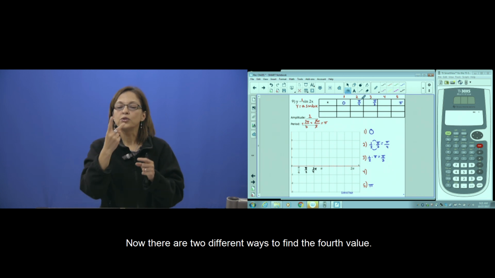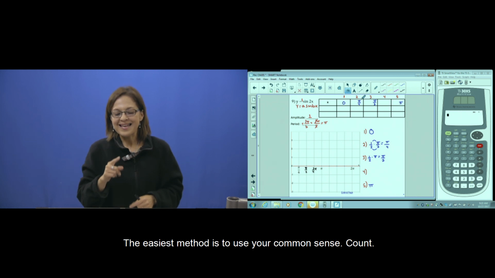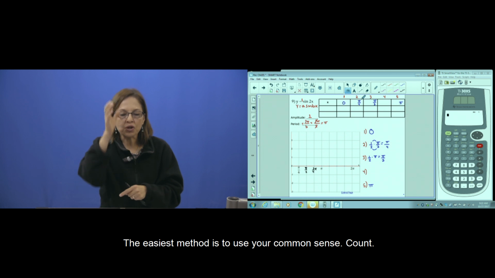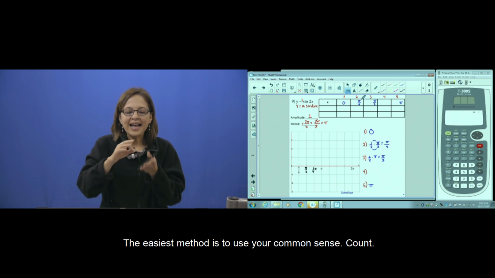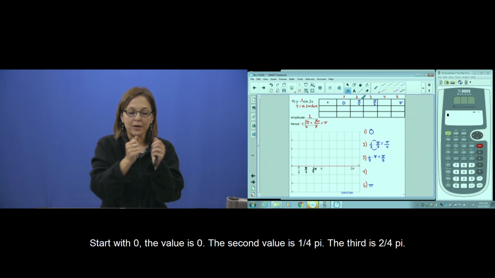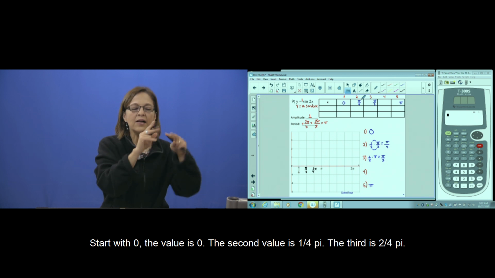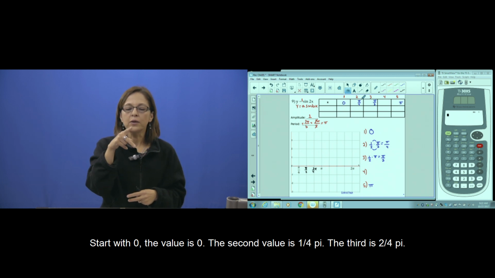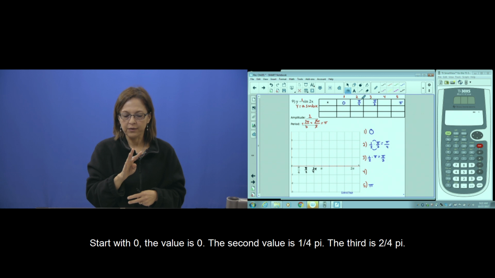Now, 2 different ways to find the fourth value. The easiest is use your common sense. Count. Start with 0. The first value is 0. The second, 1/4 of pi. The third is 2/4.